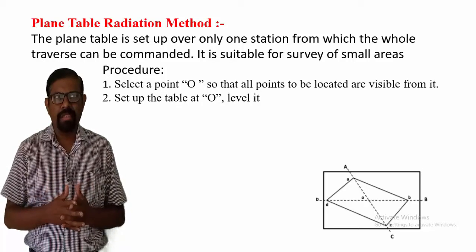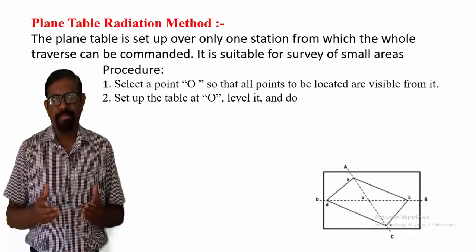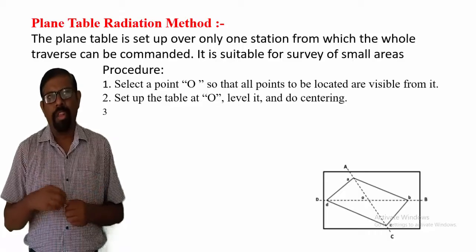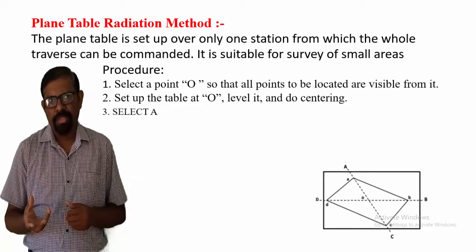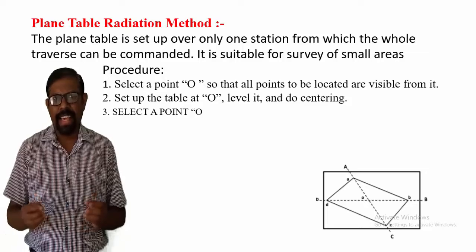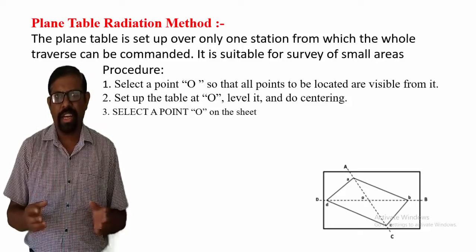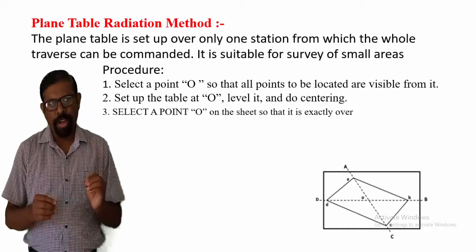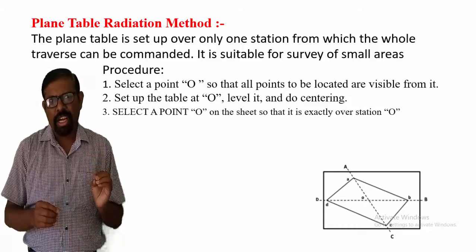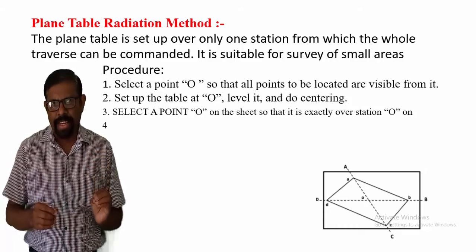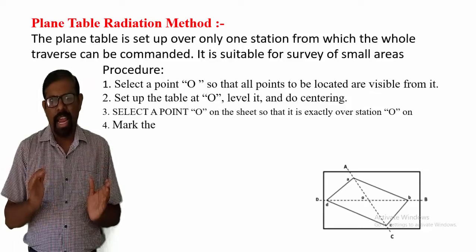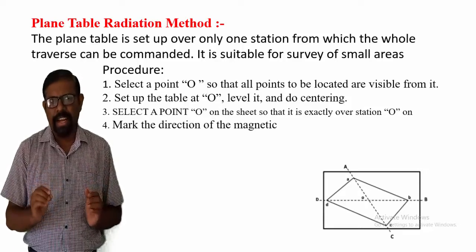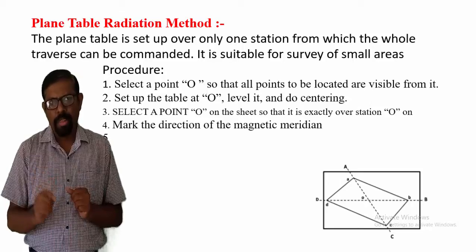Third, select a point o on the sheet so that it is exactly over the station O. Fourth, mark the direction of the magnetic meridian. Then fifth, center the alidade on o.